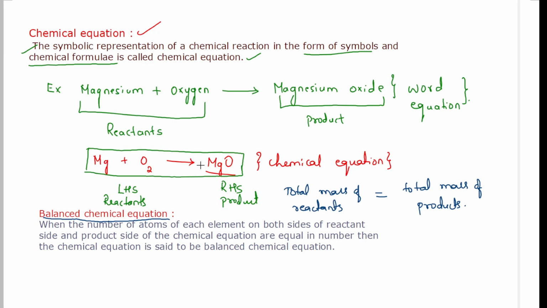To get the same number of oxygen atoms on both sides, I will write the coefficient 2 here. Now the oxygen atoms are same, but to make the magnesium atoms equal in number, I will write again 2 here. Now you can observe the number of atoms of both elements are equal. And don't bother, I will explain to you how to balance the chemical equation easily. Right now remember that you should get the same number of atoms of each element on both sides, LHS and RHS.